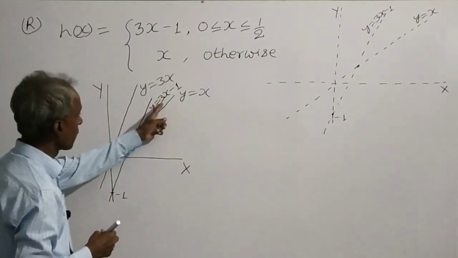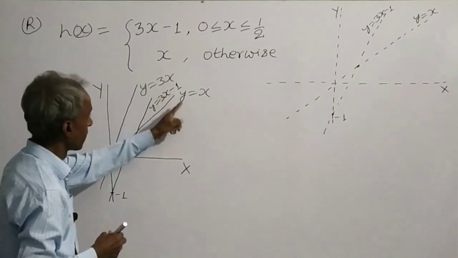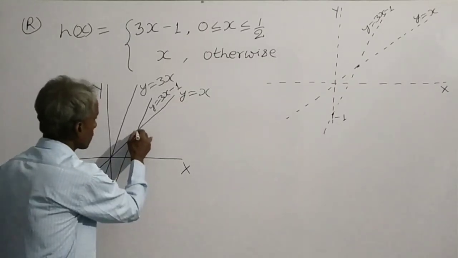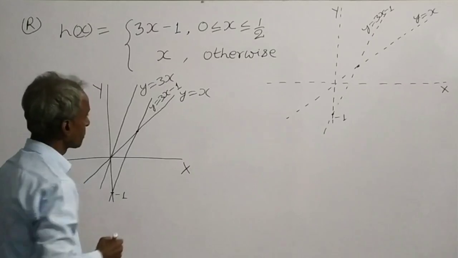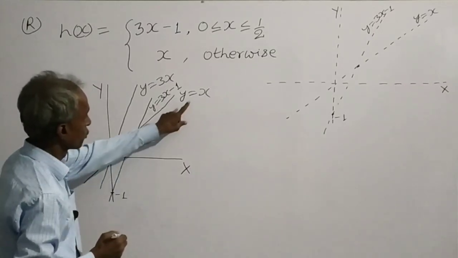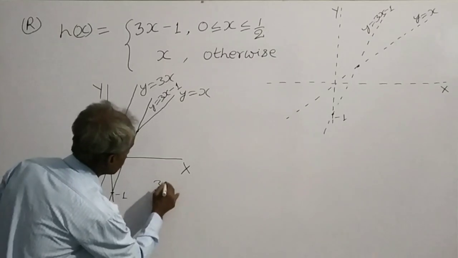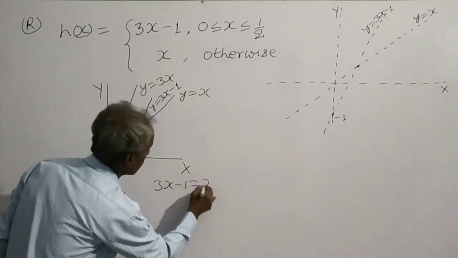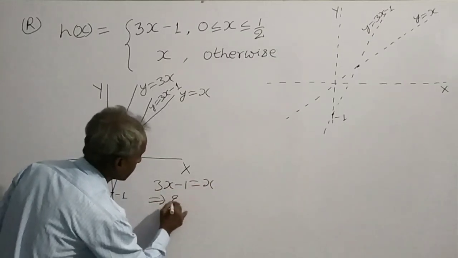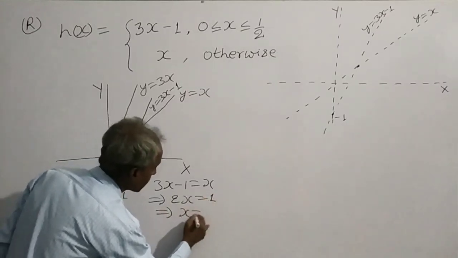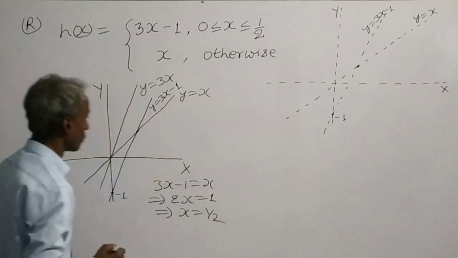This line y equals 3x minus 1 and the line y equals x both intersect at this point. We solve these two equations: 3x minus 1 equals x. This implies 2x equals 1, which implies x equals 1/2.